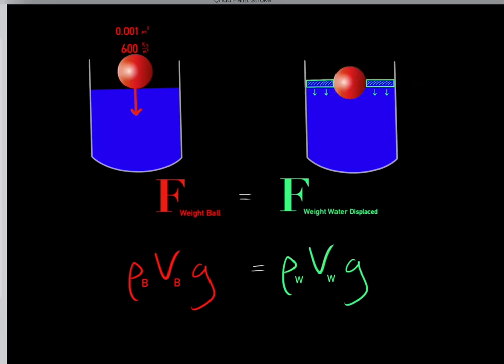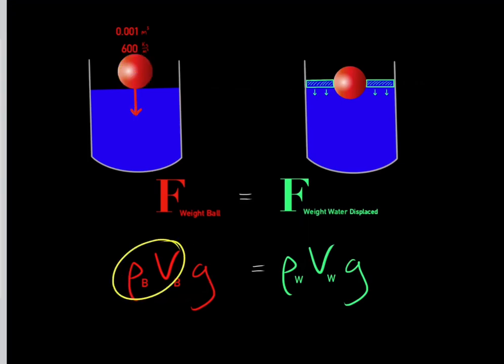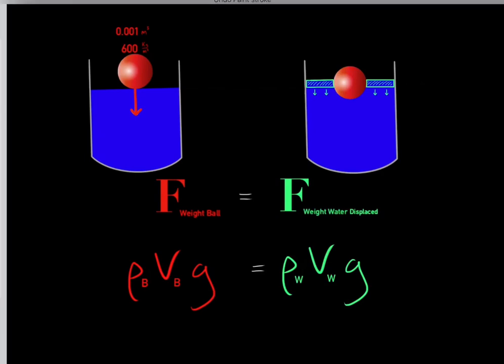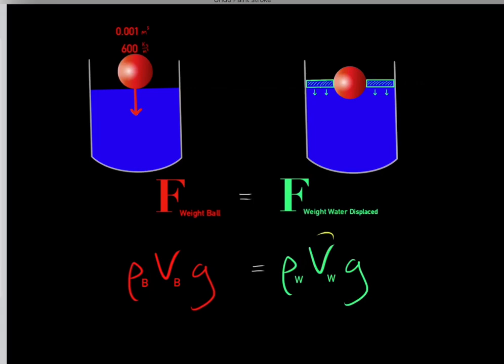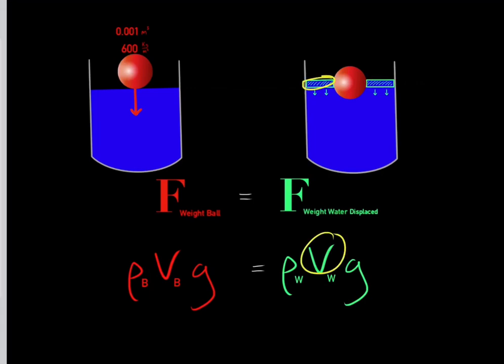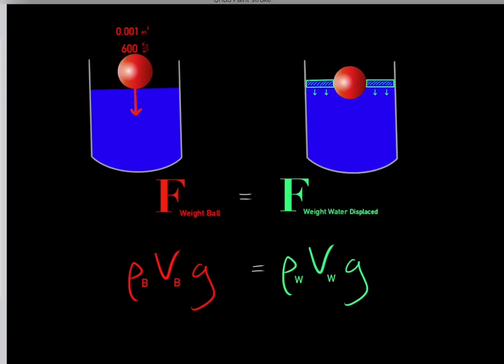So remember, we can quantify the force that this ball feels downward by using this equation, the mass of the ball times the acceleration due to gravity. And we can quantify the force that this displaced water wants to feel downward by using this equation, finding the density of the displaced water multiplied by the exact volume of this displaced water, which again equals the mass of this displaced water, multiplied by the acceleration due to gravity.